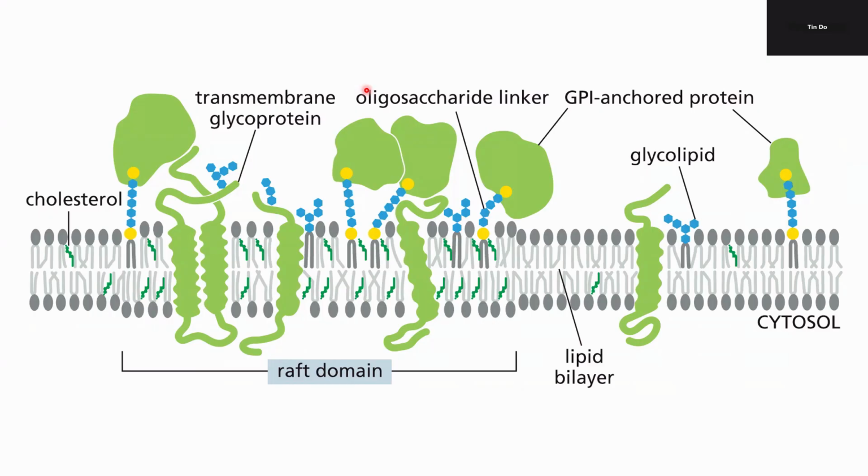Now, before I get started talking about proteins and the type of interaction that proteins have in our phospholipid bilayer, just know that there is some sort of theory out today.